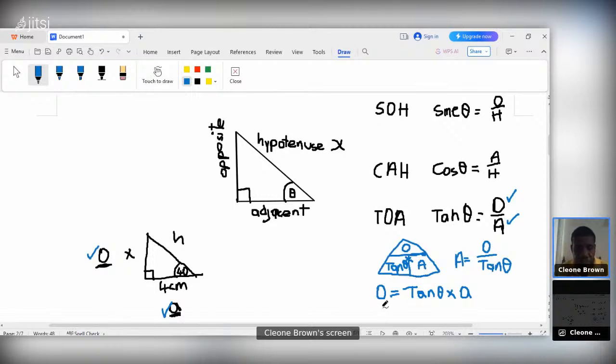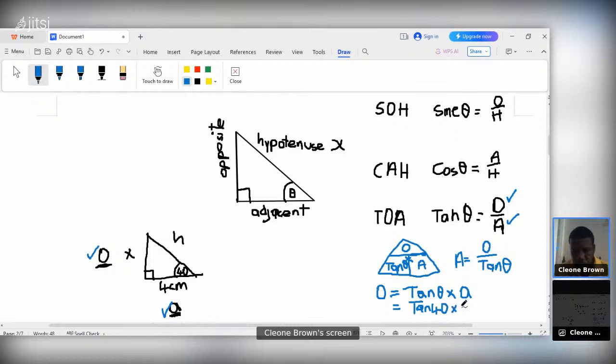All right, so let's go ahead and solve this. We have tan 40, so we're just plugging in the values for each variable that we can find. So tan 40 here multiplied by 4.